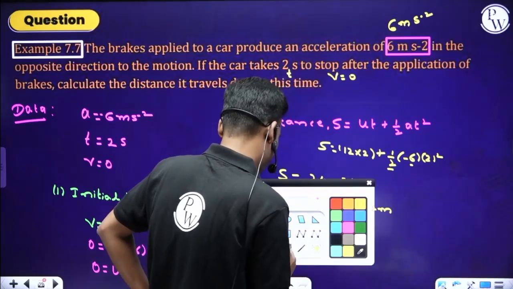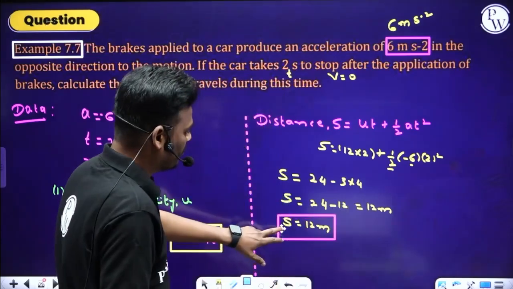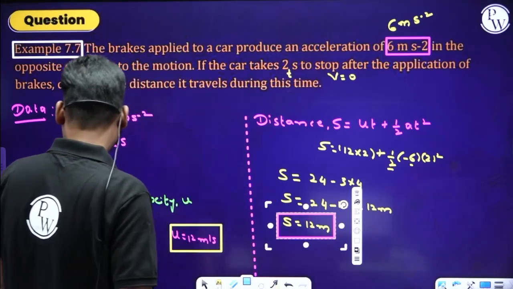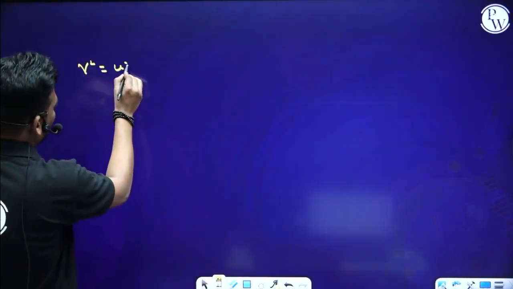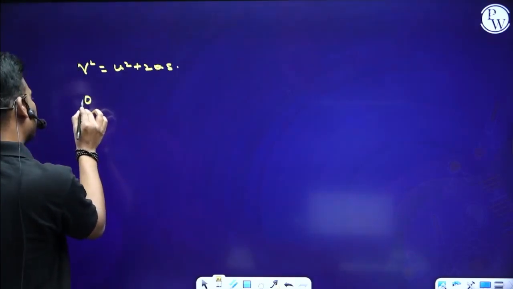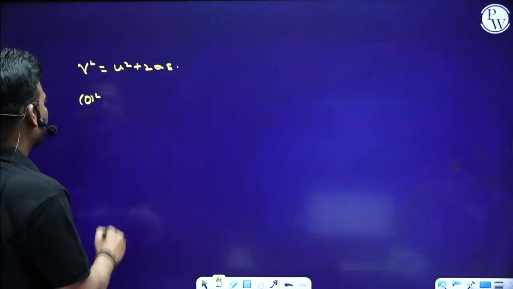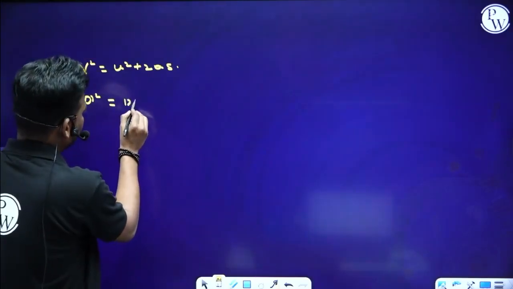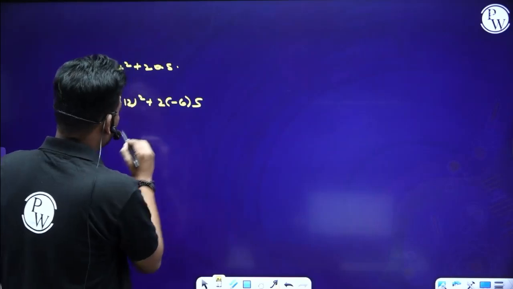Or else, let's try solving using the third equation of motion, that is v square equals u square plus 2as. So v square equals 0 square, right? Because final velocity is 0. That equals u square, that is 12 square, plus 2 into minus 6 into displacement.